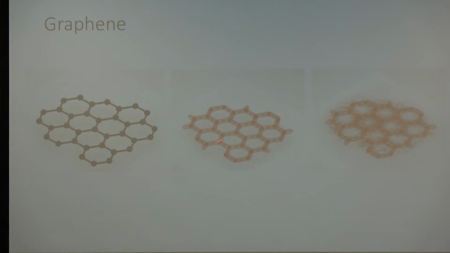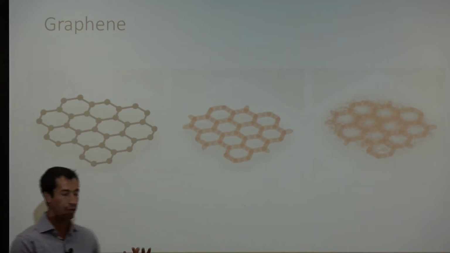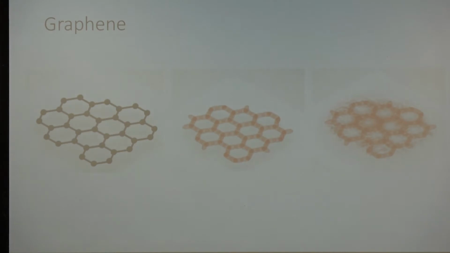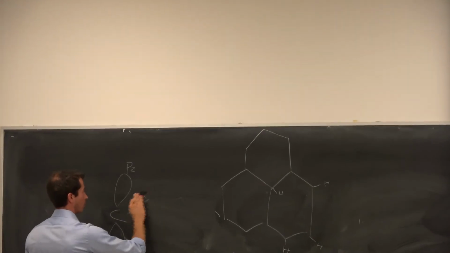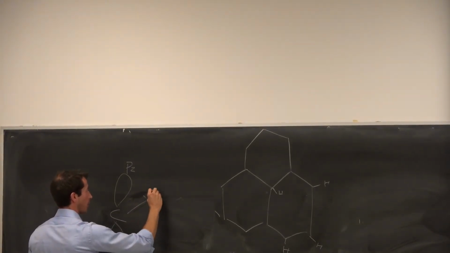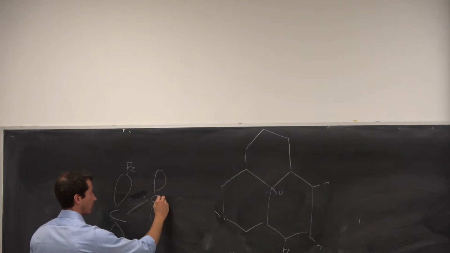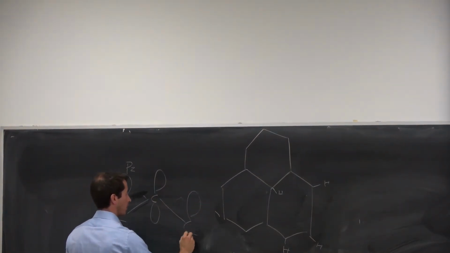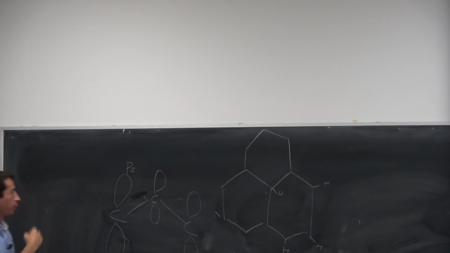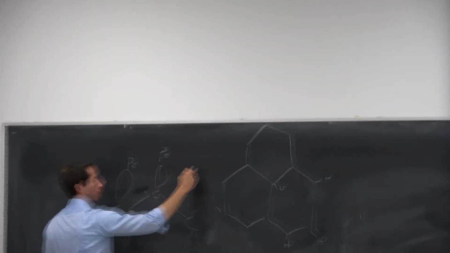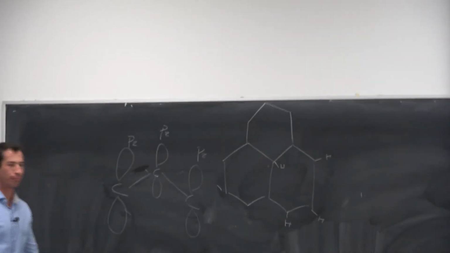So here, this red is indicating the sp2 electrons, and this kind of fuzziness is illustrating how the pz orbitals, so if this is another carbon and then another carbon, how these don't particularly form pi bonds, right?